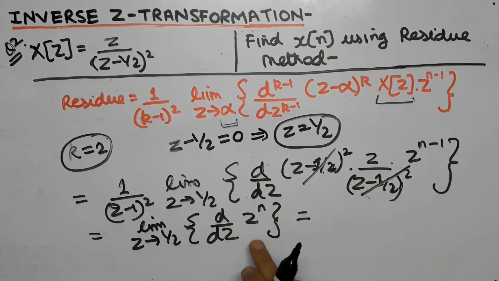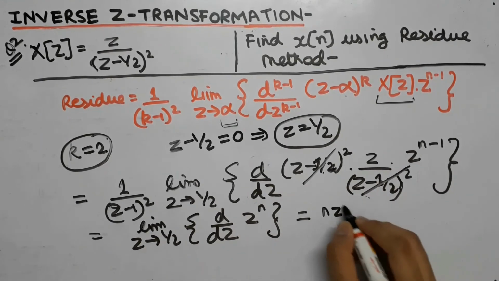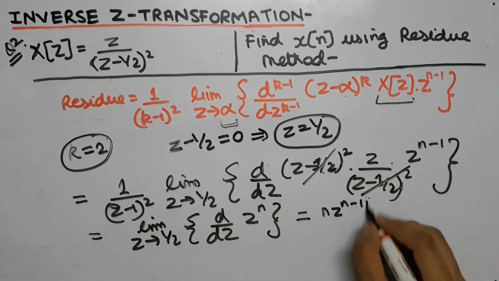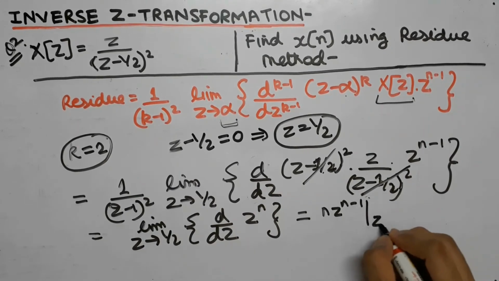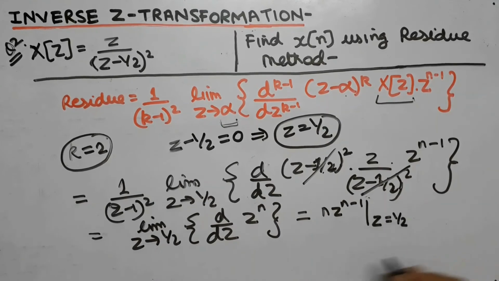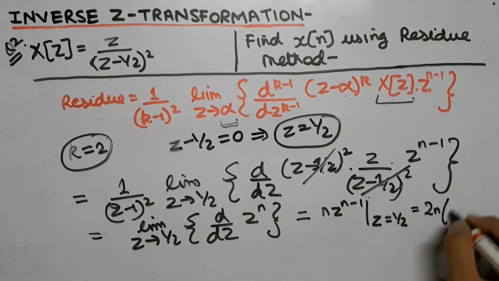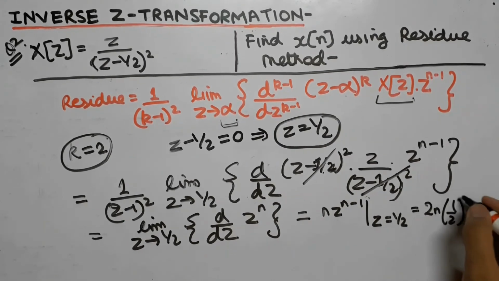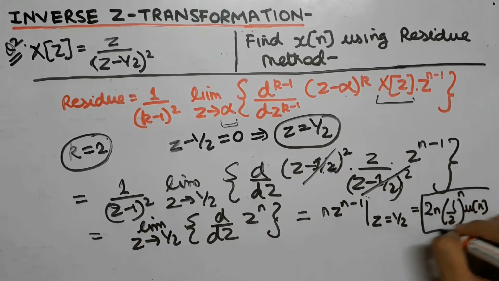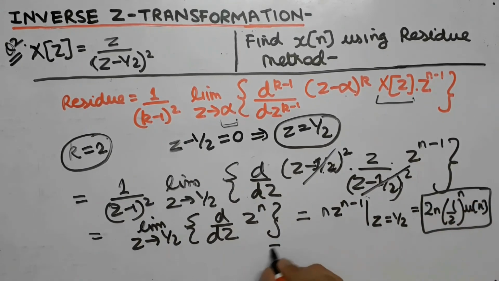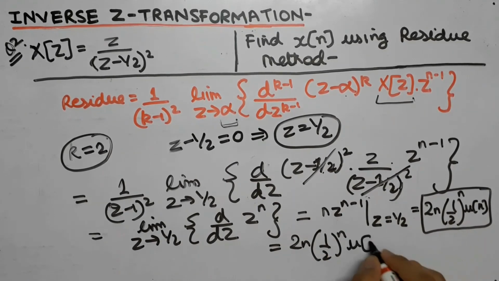That is, first on differentiating this you will get n into z to the power n minus 1 and we have to put the value of z as half. So now on substituting the value of z as half in this equation, you will get 2n into (half) to the power n into u[n]. That is, I will write this over here again, that is 2n into (half) to the power n u[n].